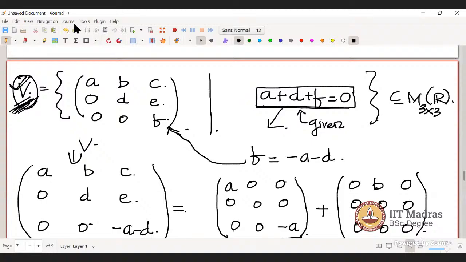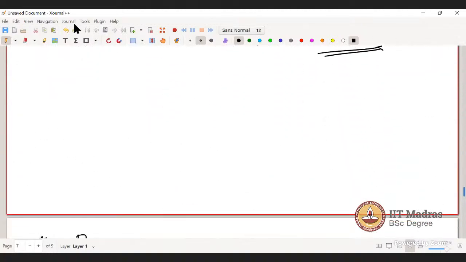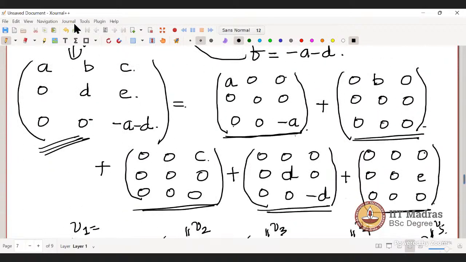But when you split the matrix, is that the only way? Because it seems more like a trial and error kind of thing. Basically, you need to find a basis.